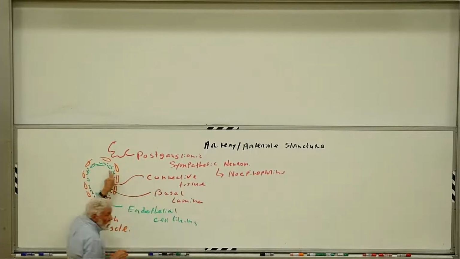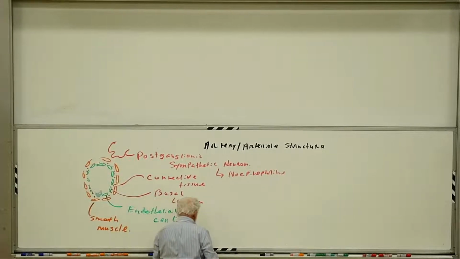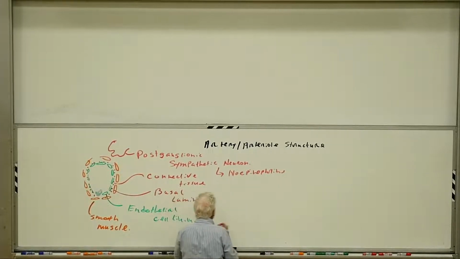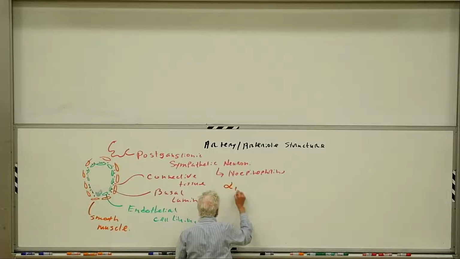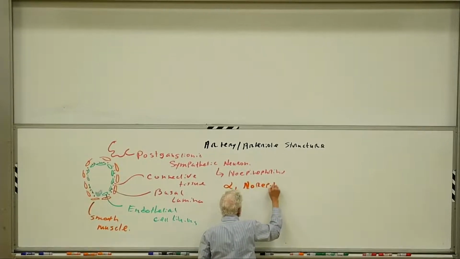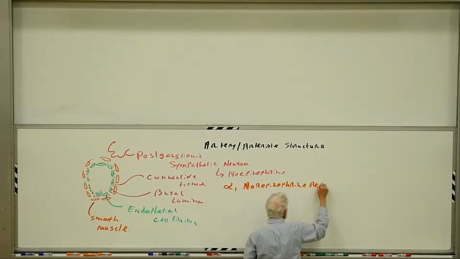And for these smooth muscle cells to respond to the norepinephrine, we need a proper receptor. Now, in this particular case, we're going to be talking about something known as an alpha-1 norepinephrine receptor.